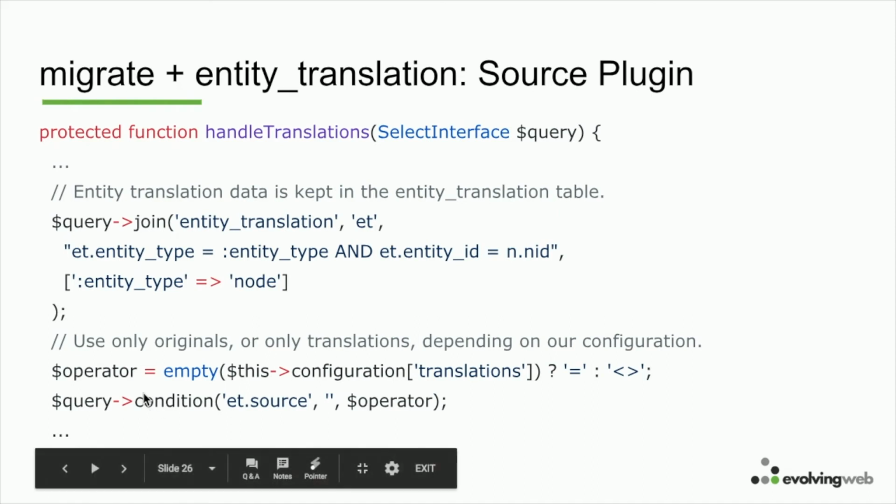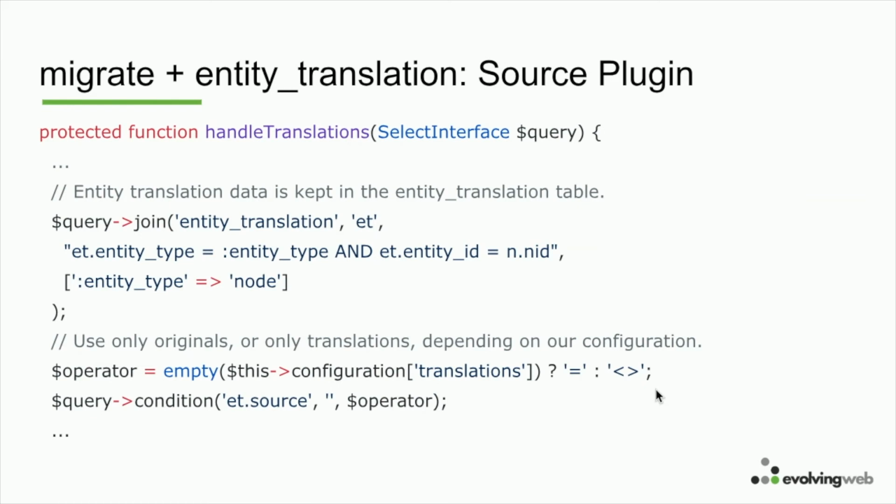So I established that condition here, and depending on the configuration of the translations parameter, I add a condition and set an operator, whether equals empty or not equals empty. So that's how I make the translations parameter work.